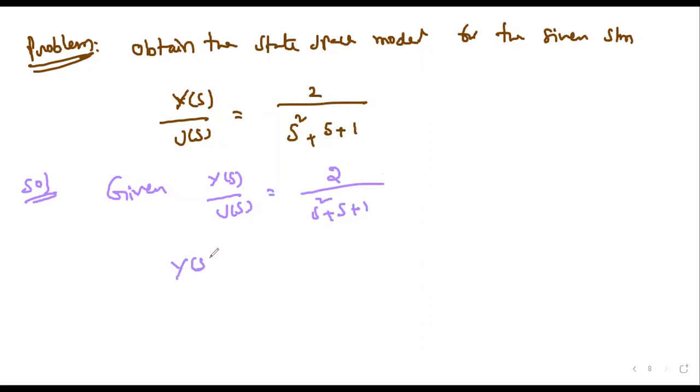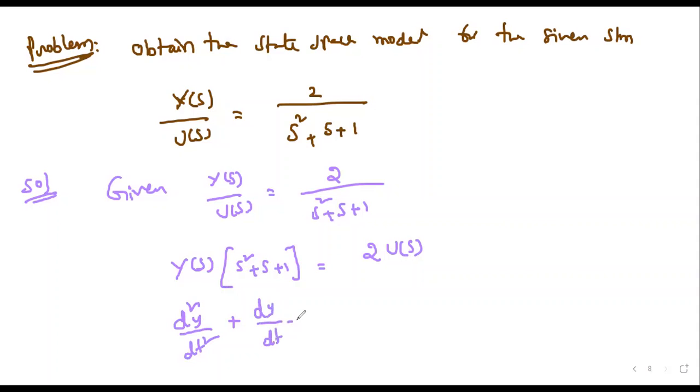Y of s into s square plus s plus 1 is equal to 2 into U of s. Then if you take the inverse Laplace transform, s square into Y of s is d square y by dt square, s into Y of s is dy by dt, and 1 into Y of s gives y. This is equal to 2 into u.